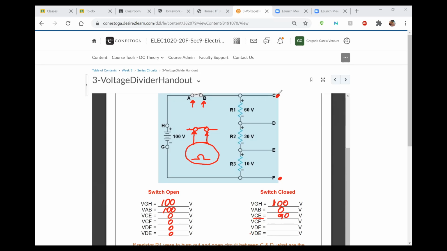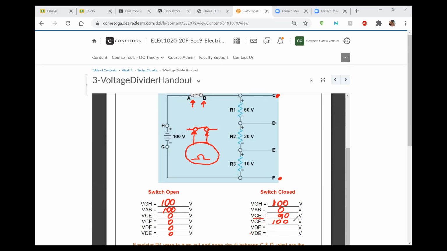Of course, the voltages on each individual resistor are going to be adding up. So in this case, we are going to have 60 plus 30 plus 10, that's going to be equal to 100 volts.